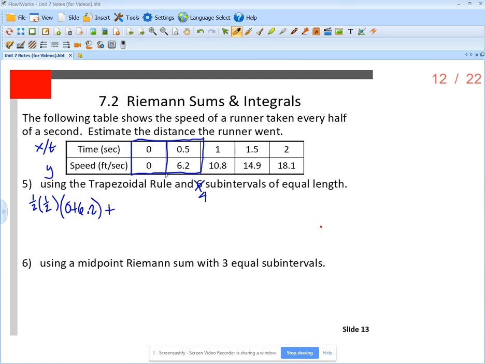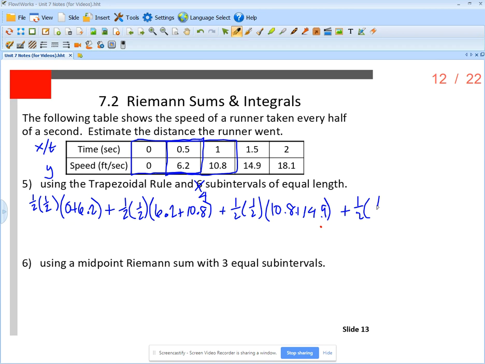My next one, sort of like doing a rectangle, I would have this interval. So I'm going to once again have 1/2 times 1/2, and then 6.2 plus 10.8. And continuing that 1/2 times 1/2, I'll have 10.8 and 14.9. And lastly, 1/2 times 1/2, and I have 14.9 plus 18.1.